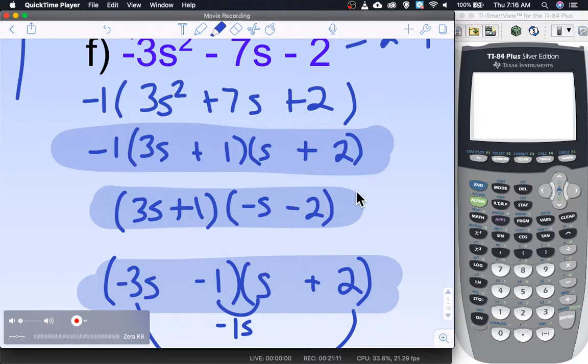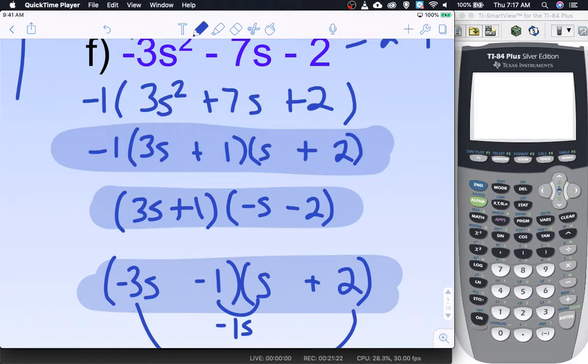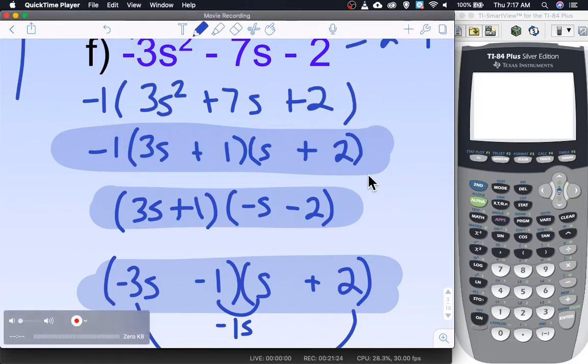Okay. So all three of those are technically correct answers, and it's just different. I'm not saying that one's better than another. I don't even know which one you'd more likely see. I'm kind of a fan of this one because it gives you a little bit more options. And it gets rid of that negative in front. It makes the factoring for me, I believe, a little bit easier.